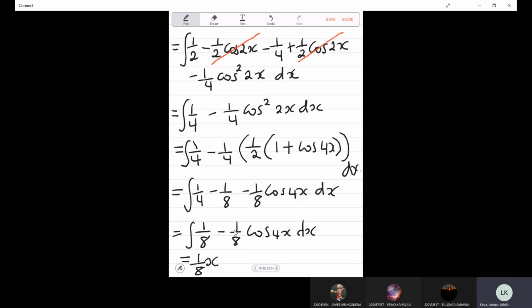Okay, so here I have minus sine of 4x, and then we divide by 4. So this is minus cos 4x. We divide by 8, and then again we divide by 4, which is 32, and then plus c.